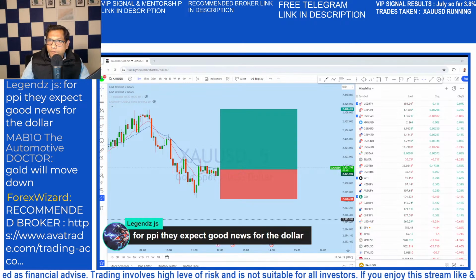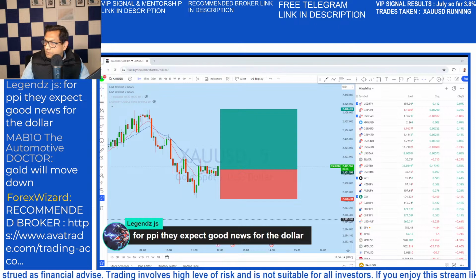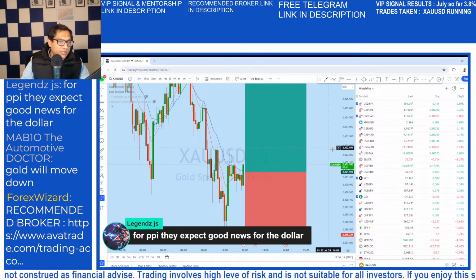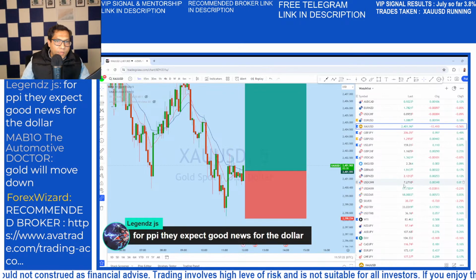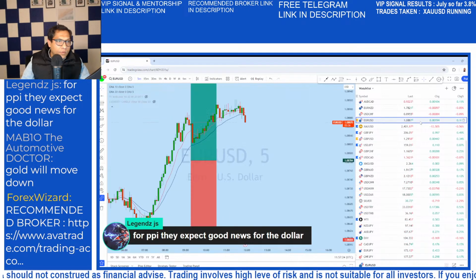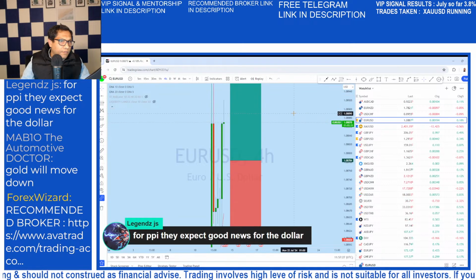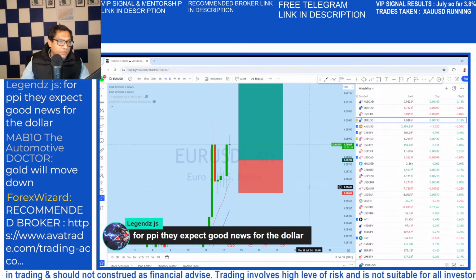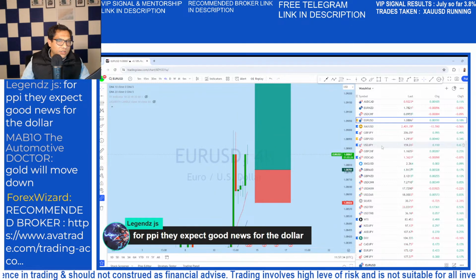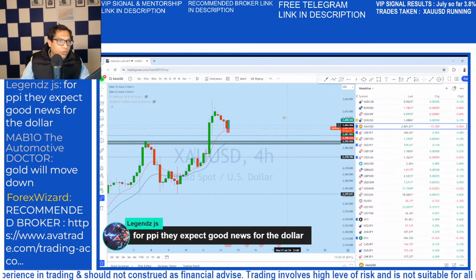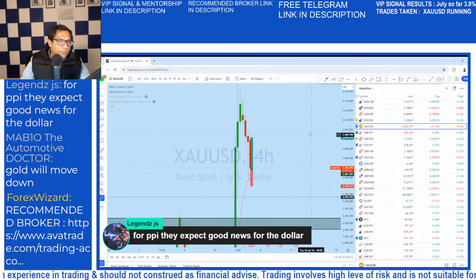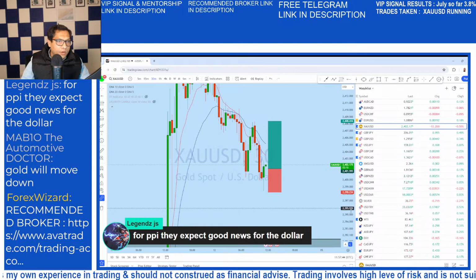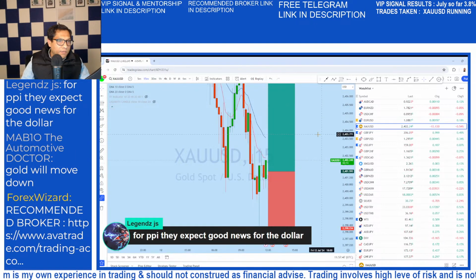Open another position. Okay, we can see gold is trying to push up here. Here is our Euro dollar trade. The Euro dollar trade that we see is not getting very strong momentum, but I still want to hold it. While on gold, okay, looks like we see some improvement in the price action on gold.